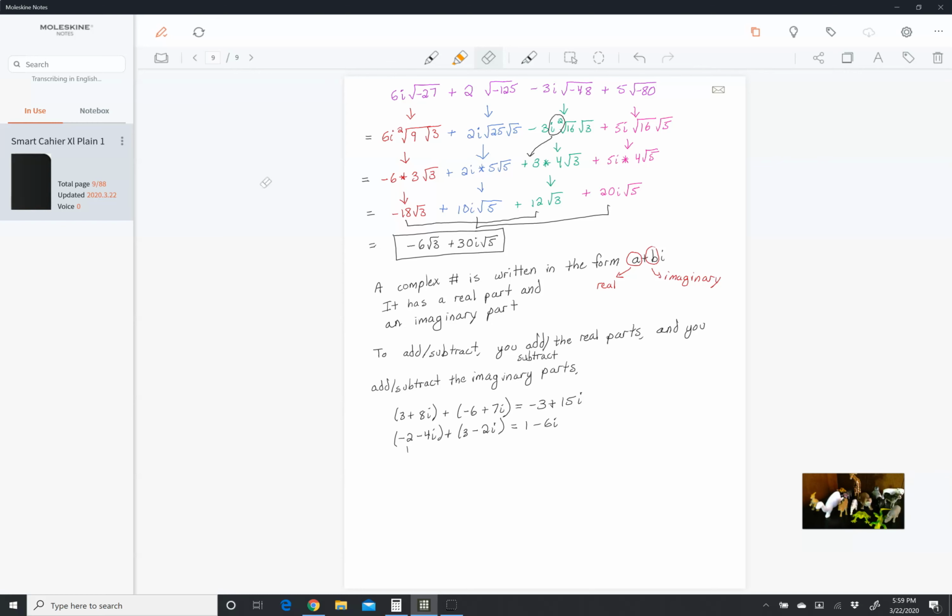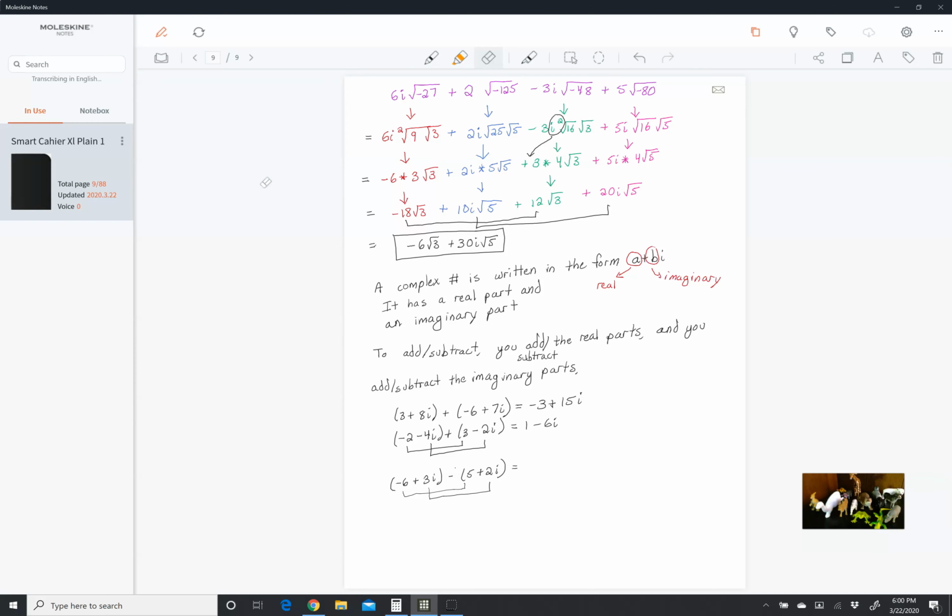Okay, so we're adding the reals. And we're adding the imaginaries. And then the same thing would be true with subtraction. So you can do this in one of two ways. Let's say that we have negative 6 plus 3i minus 5 plus 2i. So you can either subtract the reals, subtract the imaginaries, okay?